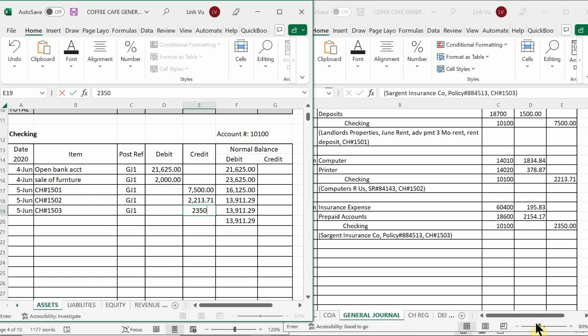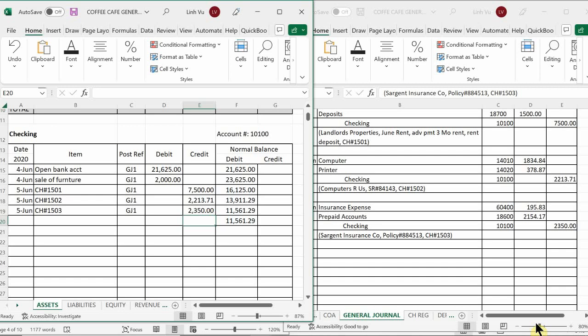So since I have my formula intact, it should give me a total amount left from 13,911 all the way down to 11,561. Okay? As you can see, every time I have a credit, it's decreasing my checking account, which is true.